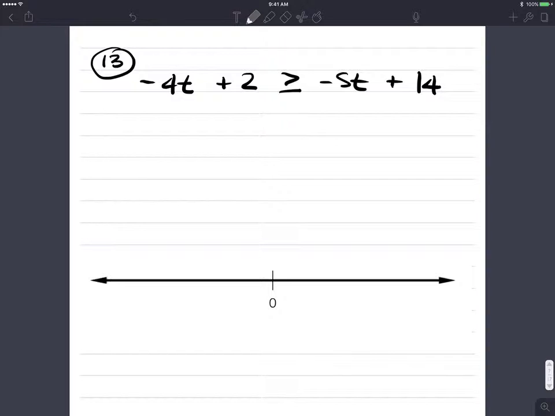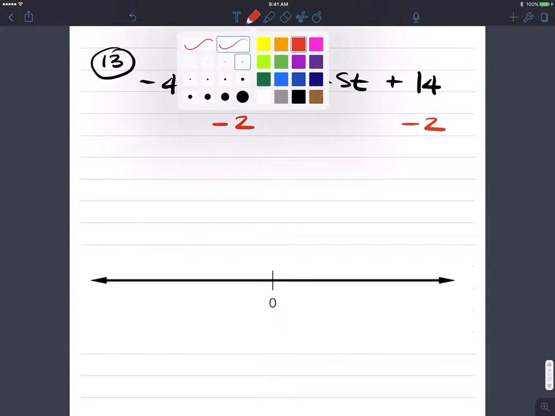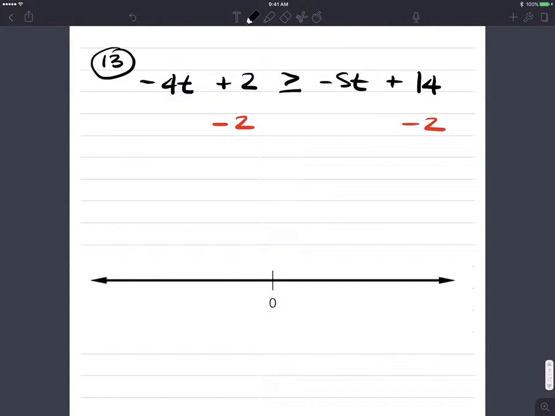Number 13. We're going to solve this linear inequality for t, and then we're going to graph the solution. We're going to start by subtracting 2 from both sides in order to preserve our balance, and we'll end up with negative 4t greater than or equal to negative 5t plus 14 minus 12, which gives us plus 12.